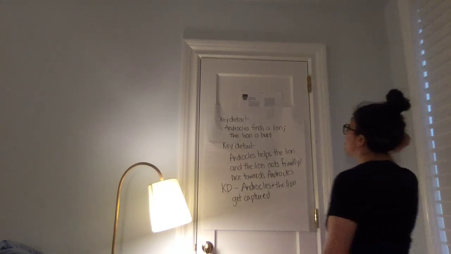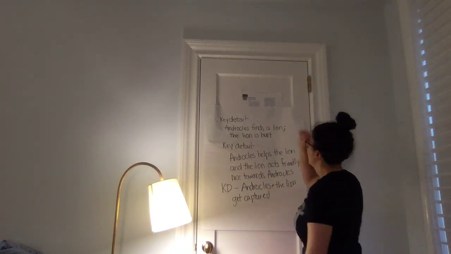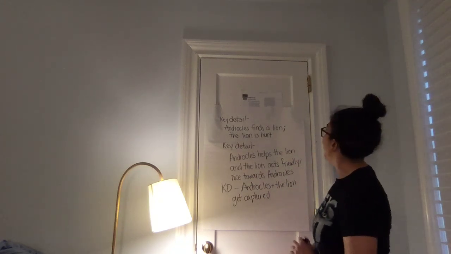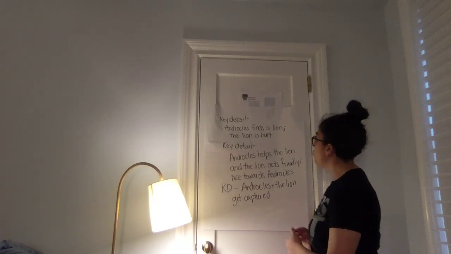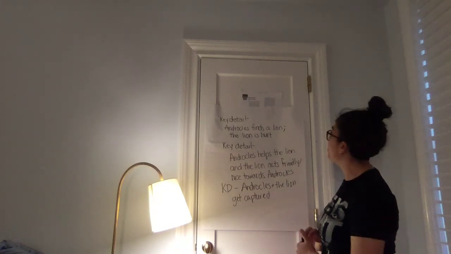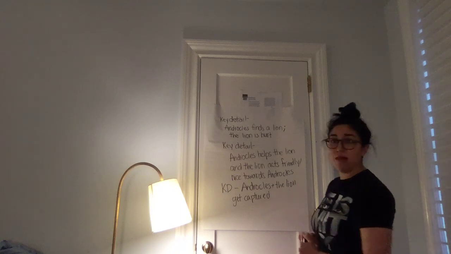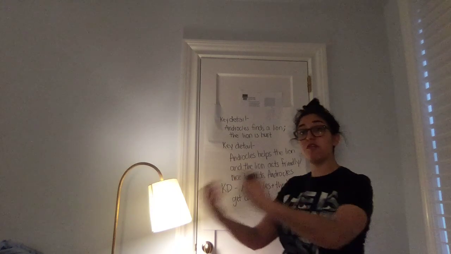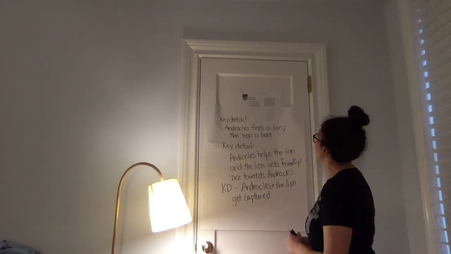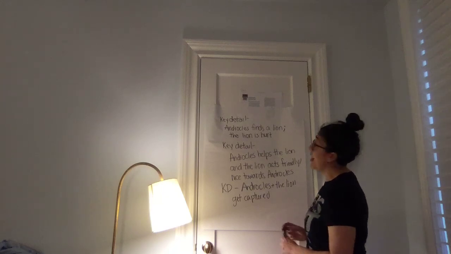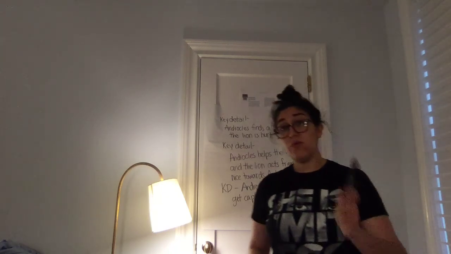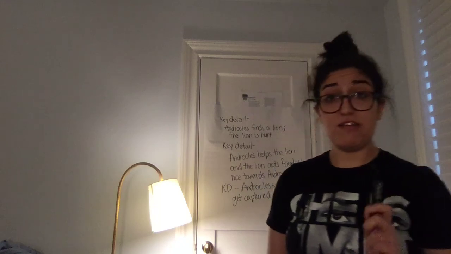So as we continue reading, we find out, and you can do this on your own, that something happens to Androcles, something happens to him, and the lion. They both get sent somewhere. And what happens after that? Well, that is up to you all to try to figure out. Now, you're welcome to do that with a friend. You're welcome to do that with a family member.